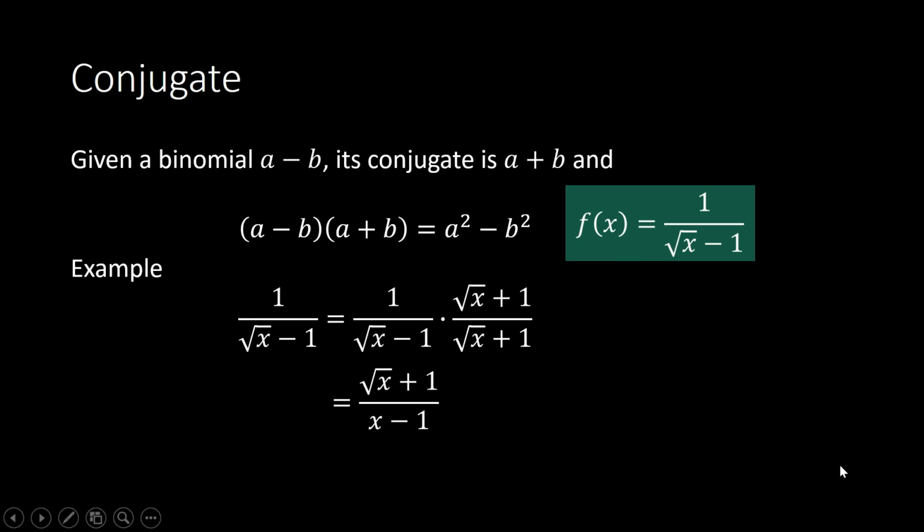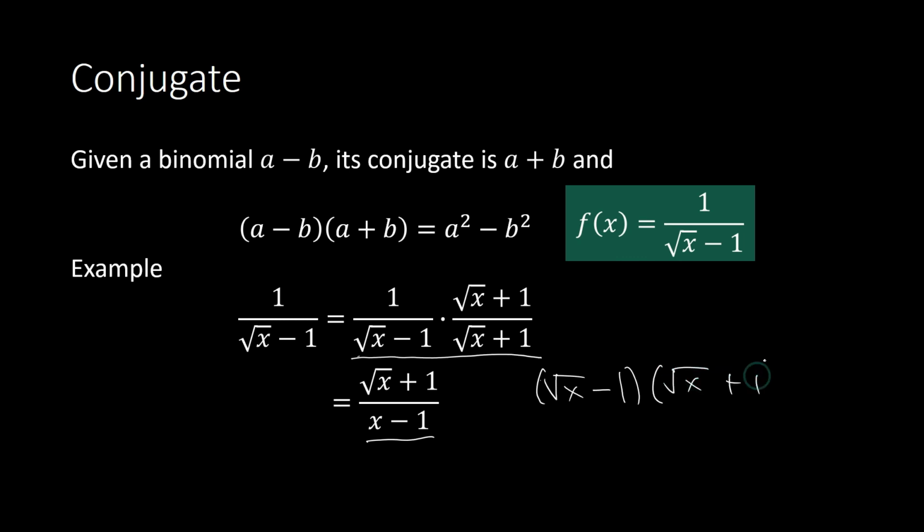Okay, just in case you still cannot see why our denominator became this way, what you can do is get the product of the square root of x minus 1 times the square root of x plus 1. So this one times that is just equal to x.